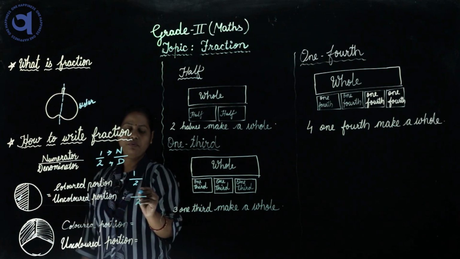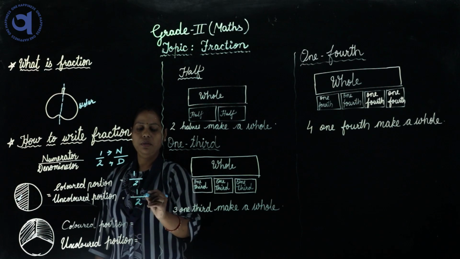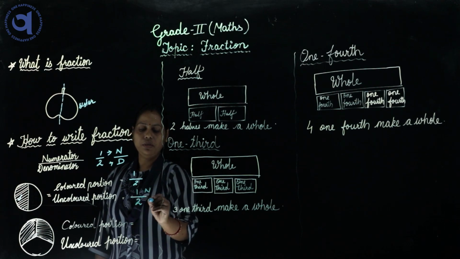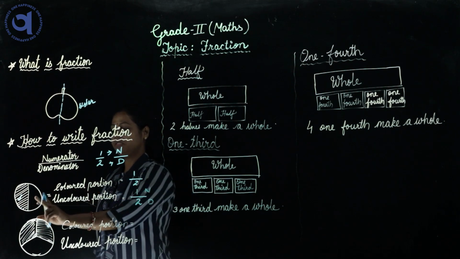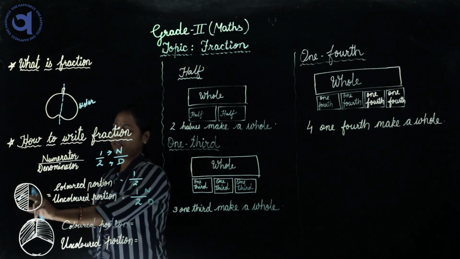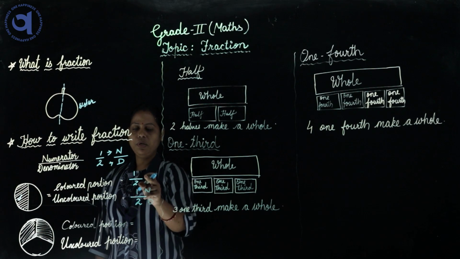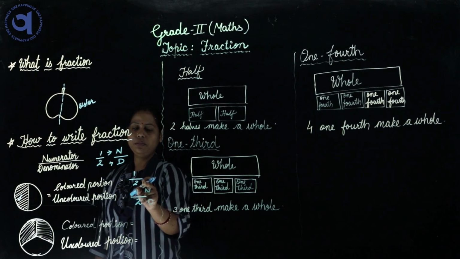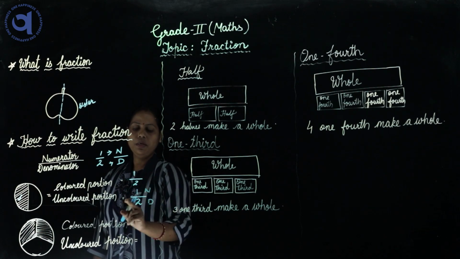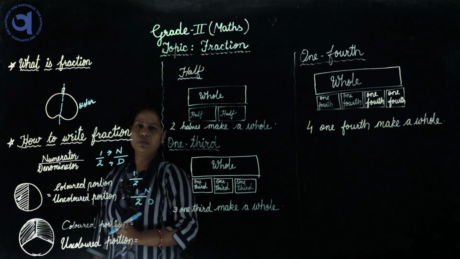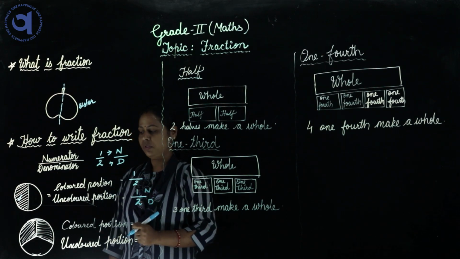That means 1 is your numerator. Now, numerator is 1 and denominator is 2. So, 1 upon 2, that means half part is uncolored and half part is colored. So, 1 upon 2 is the fraction of the colored part and 1 upon 2 is the fraction of the uncolored portion.